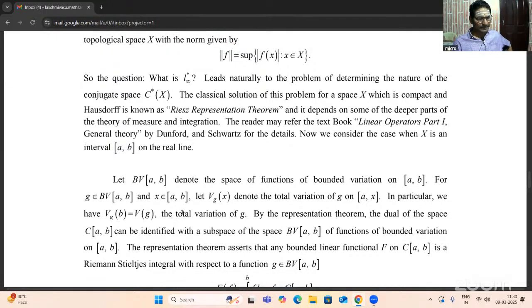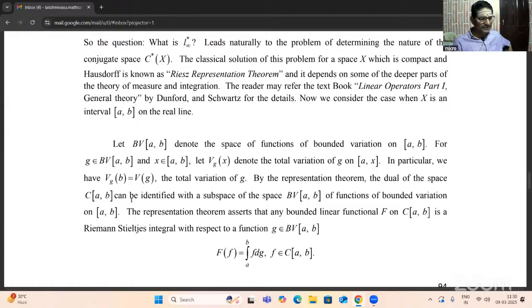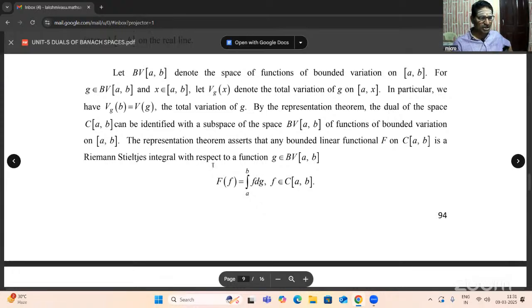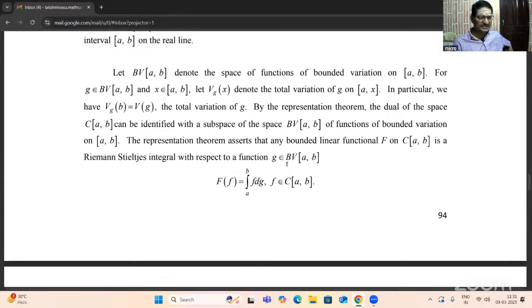By the representation theorem, the dual of C[a,b] is identified with the space of functions of bounded variation on the interval [a,b]. We have already discussed this in the Riemann-Stieltjes integrals concept, explained just a few minutes back.